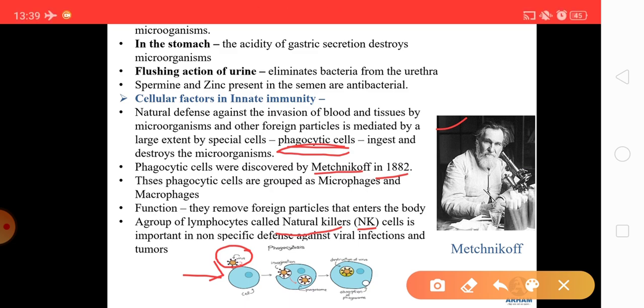That means phagocytic cells destroy any kind of general infection. The natural killer cells are very important in non-specific defense against various viral infections and tumors. So this is about the cellular factors in innate immunity.